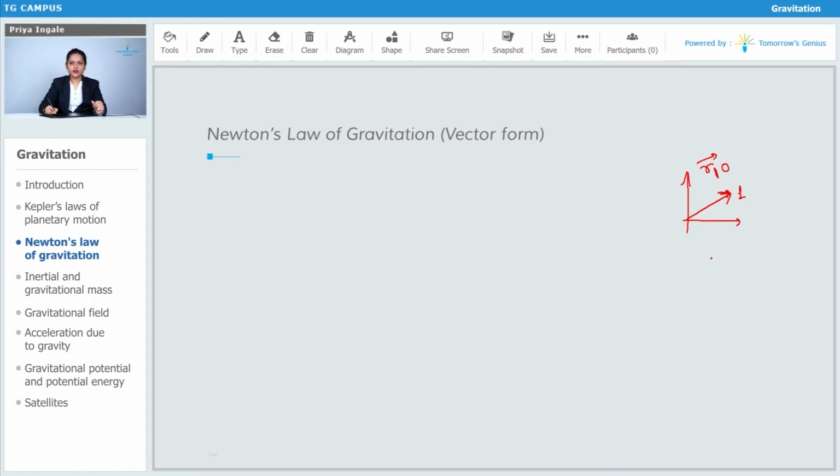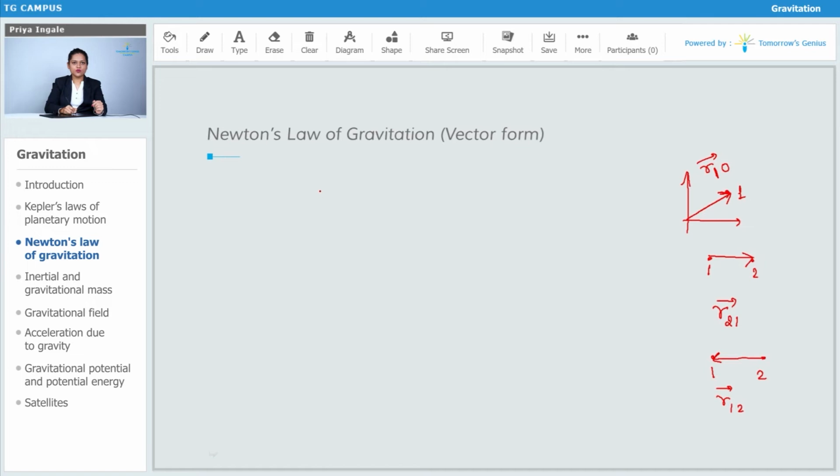Suppose I have 2 points here, 1 and 2, and that vector is going from 1 to 2. So here I'll represent this as r21. And if that vector is going from 2 to 1, then I'll represent this as r12. So the arrow which is going towards a particular point, that point should be noted first. That way we can understand.